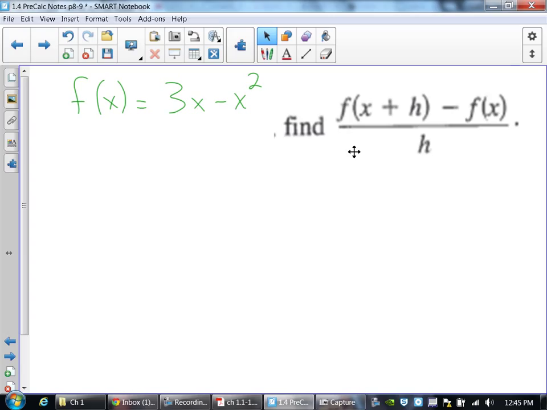Let's try this one again. Just straightforward, substituting through. We're going to replace x's to start with x plus h. This one's a little bit messier because there's two values of x, so it's a little bit longer. All right.